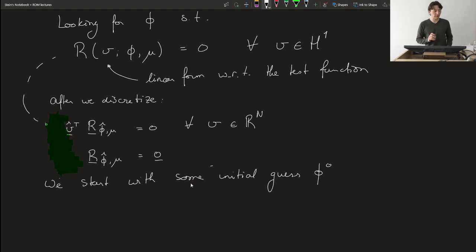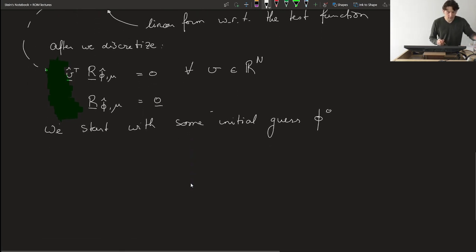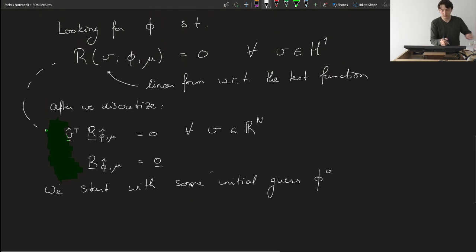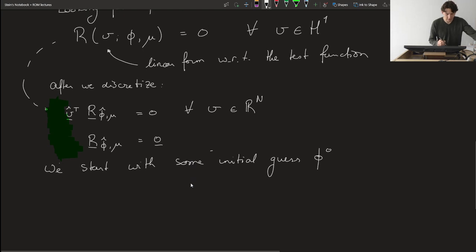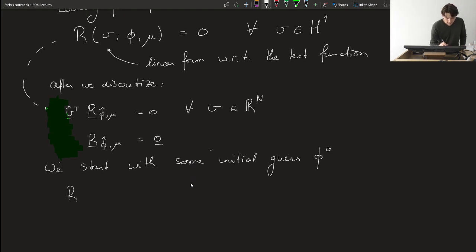Right, so we have some sort of initial guess. Now clearly, our initial guess is not going to satisfy our partial differential equation in this statement. So we have that the residual acting linearly on our test function v, for this initial guess and our parameter point, is not going to be equal to 0.